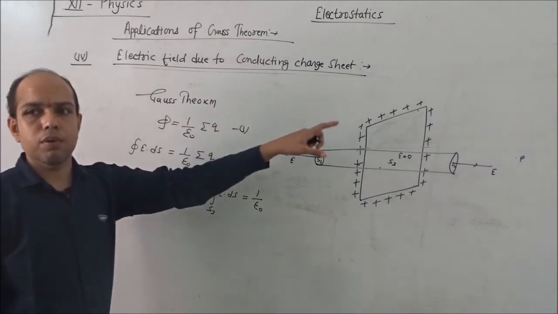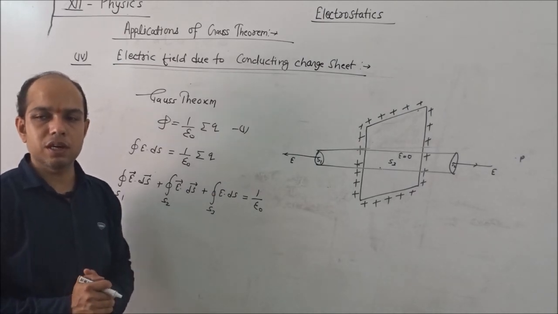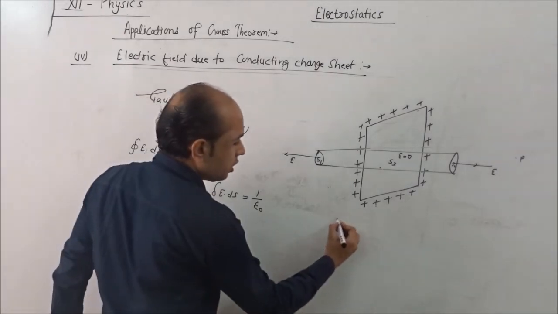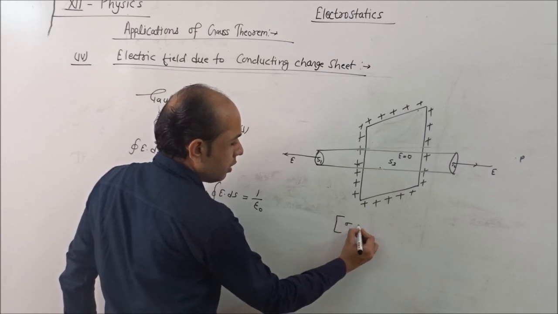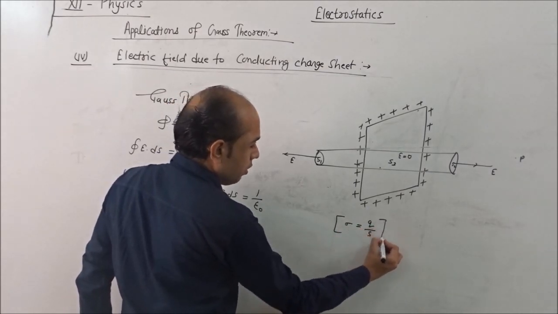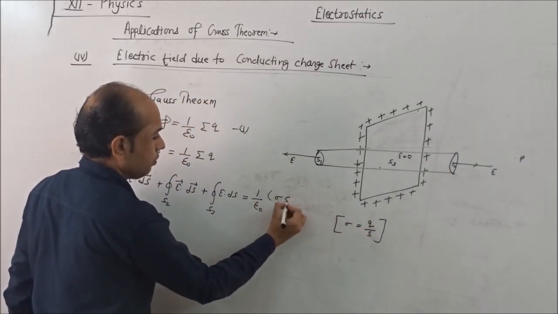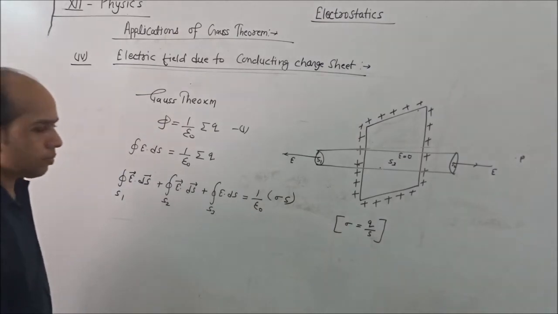Since we are talking about area, here we use surface charge distribution. From surface charge distribution, sigma is equal to q by s or q by A. So q is equal to sigma into s.